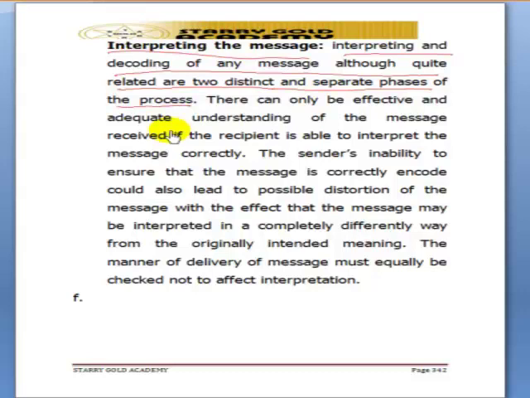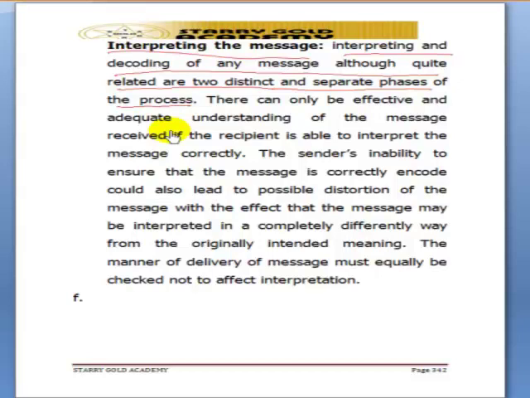The other aspect, we explained what we mean by encoding, and somehow we mentioned interpretation along with it, right? So if a message is encoded in a wrong language, interpretation will not be possible and decoding will not be possible. That is it.